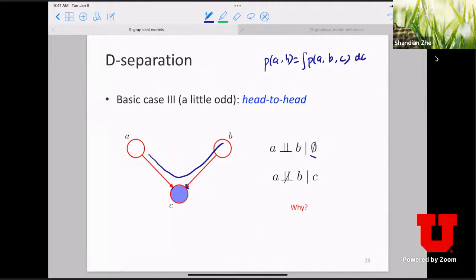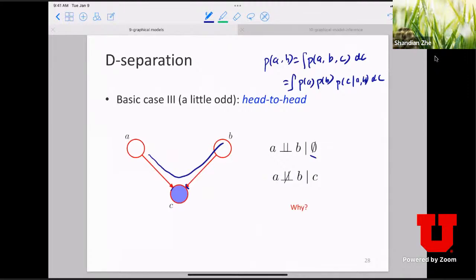From the graph structure, the joint probability of A, B, C is equal to P of A, remember A doesn't have a parent node, and also P of B, since B doesn't have a parent node as well. And then C has two parents, A and B, so there is a conditional probability P of C given A and B.